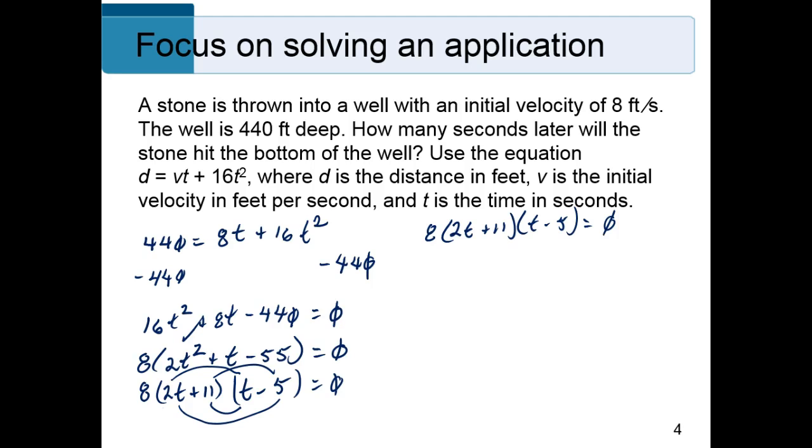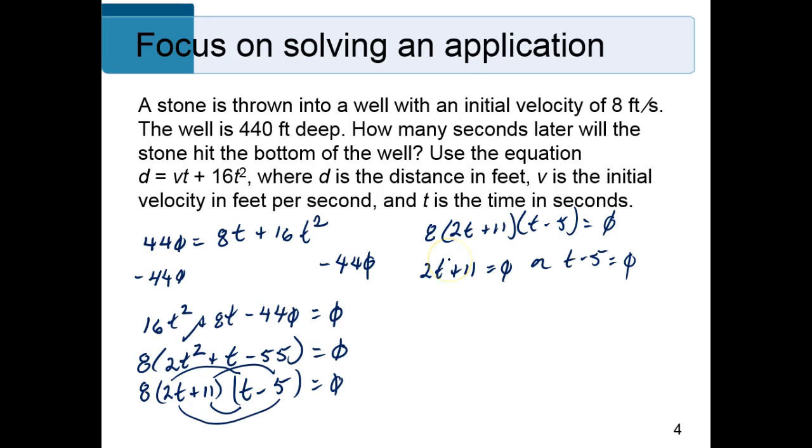How about 2t plus 11? Could that be 0? Well, it could. 2t plus 11 is equal to 0, or t minus 5 is equal to 0. Zero product principle, huh? Anytime you have a bunch of things multiplied to be 0, one of those things has to be 0. We know 8 can't be 0, so one of the others must.